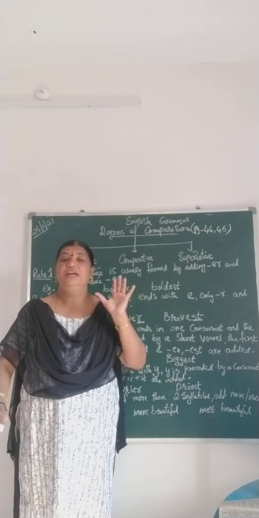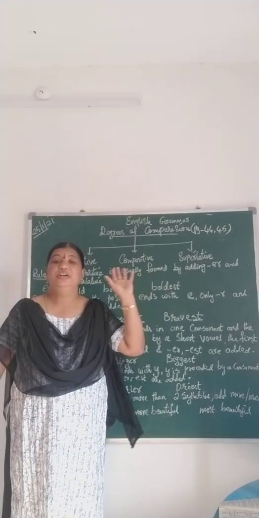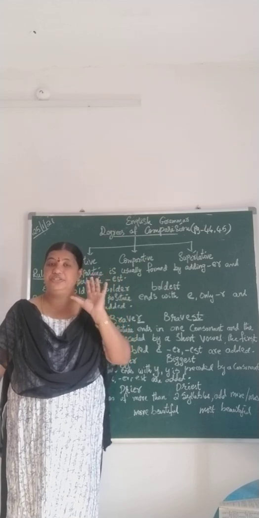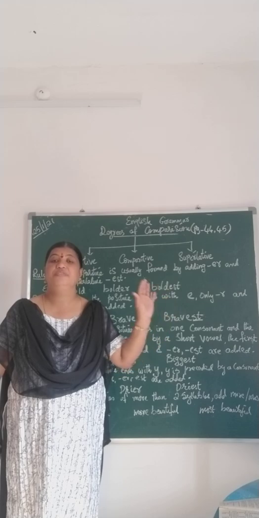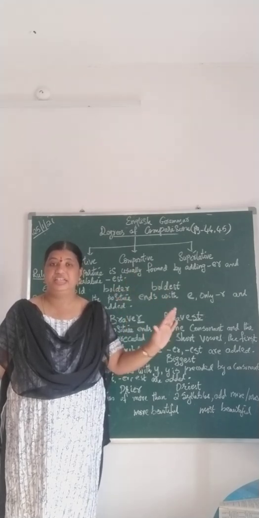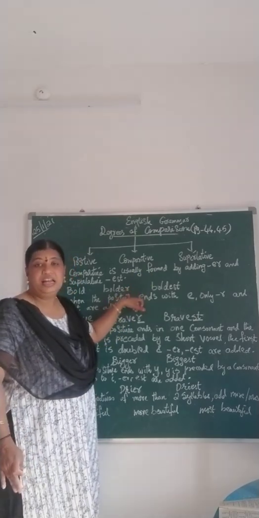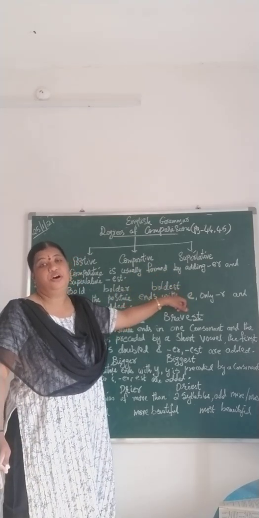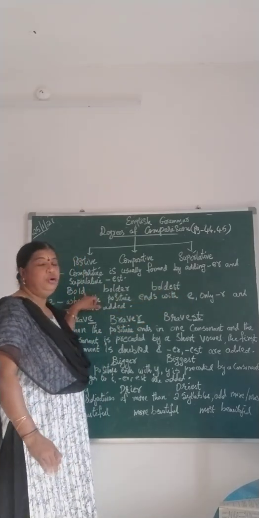If the adjective is very normal, positive becomes the adjective, then in the comparative form you will write ER, and in the superlative form you will write EST. For example, bold.